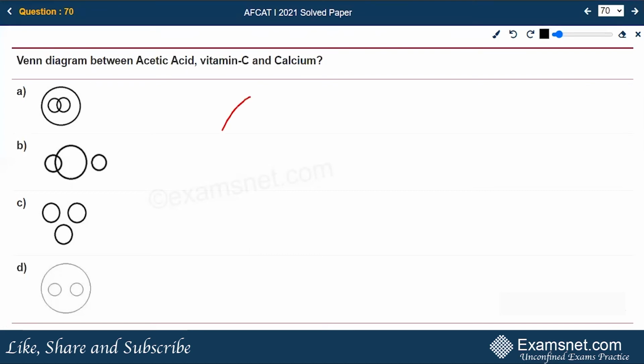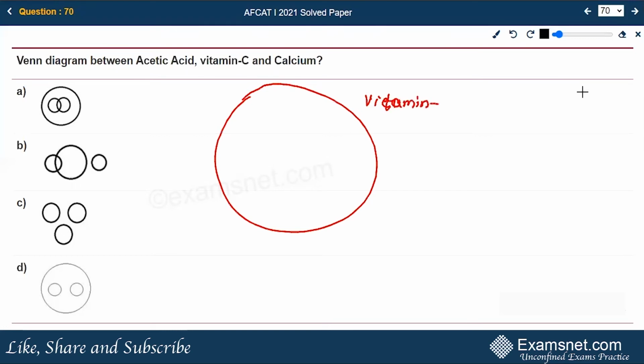If I draw a Venn diagram for the same, this represents your vitamin C. So this is acetic acid and this is calcium. They don't have anything common in them, but both are a type of vitamin C only. So the correct answer to this question is option D.